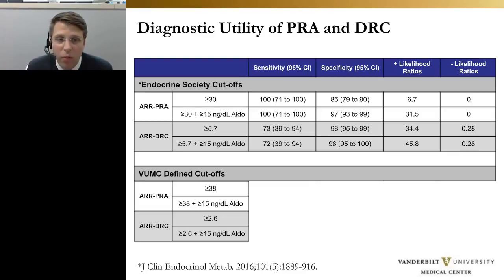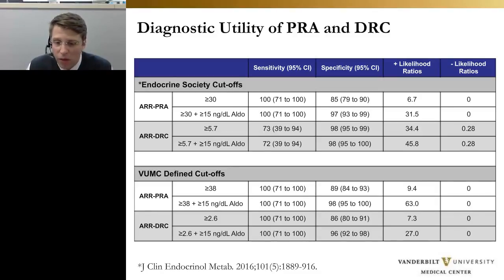That was at 5.7 and 5.7 plus the 15 nanograms per deciliter. However, after we determined laboratory-defined cutoffs based on our receiver operating characteristic analysis, we were able to optimize sensitivity and specificities for both methodologies. So you can see the diagnostic utilities became more comparable to predict PA in our study population.